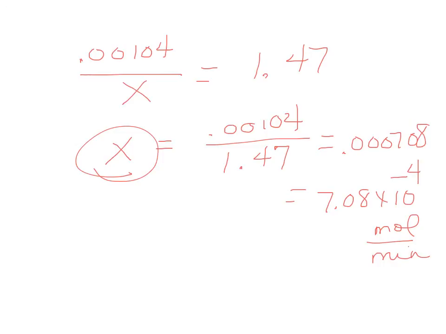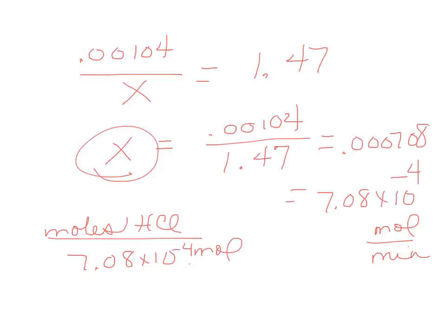And I think the problem asked us for how many moles of the HCl would diffuse. So now we have to get from moles per minute to moles. It's assuming it's the same number of minutes that the ammonia diffused, which is 2.47 minutes.